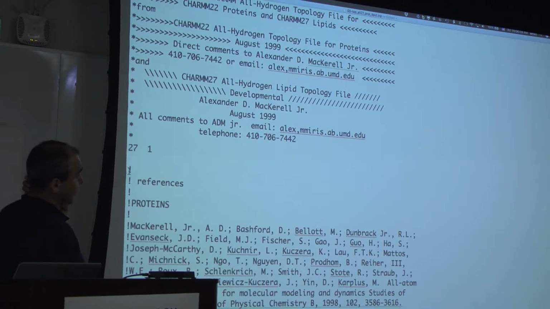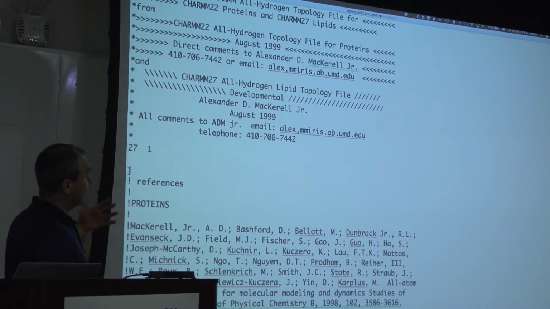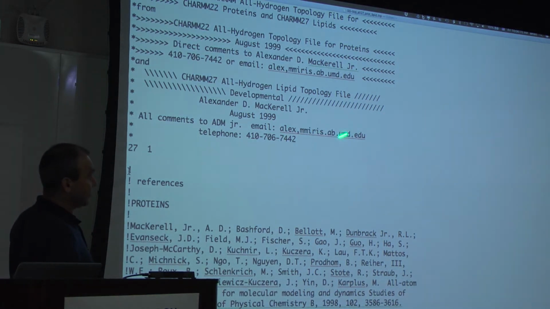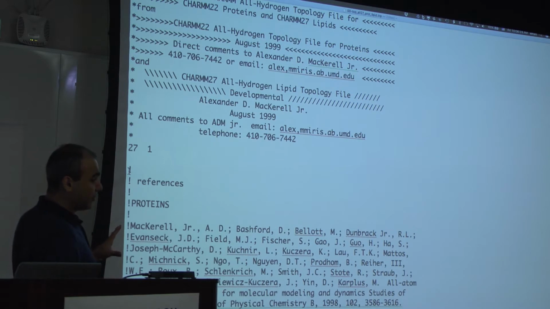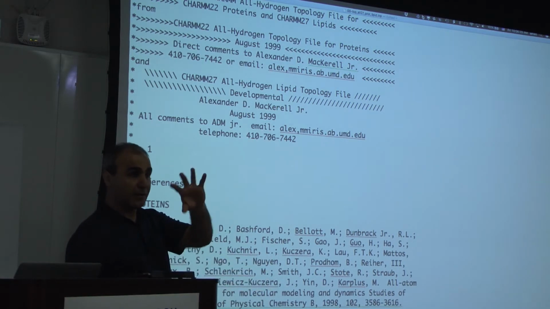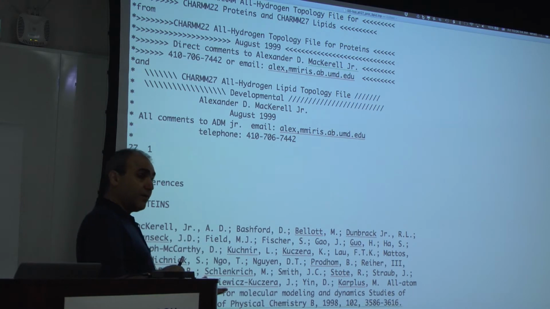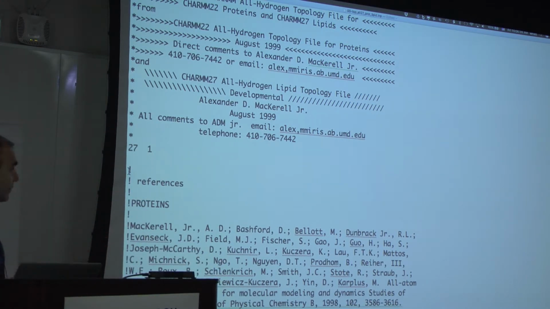He is in charge of updating the force field regularly. If you want to get the latest version, you can go to his website at the University of Maryland. That's always a good start. Maybe somebody else has done parameterization for your drug molecule. You don't have to start from scratch. You can get it from there, and then see if you like it, or you want to modify it, or test it to see what happens.